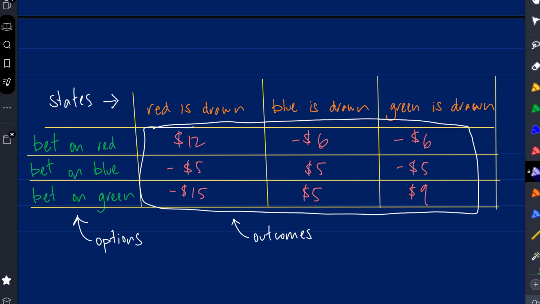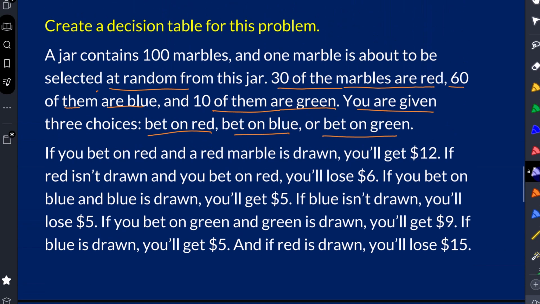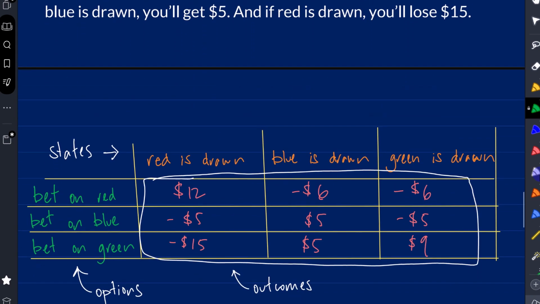All right, now you'll notice in this problem, we have some additional information. Namely, we know that there are 100 marbles in the jar, and we know that 30 of them are red, 60 are blue, and 10 are green. So if a marble is going to be randomly selected from this jar, then we also know that the probability of a red marble being drawn is 30%.